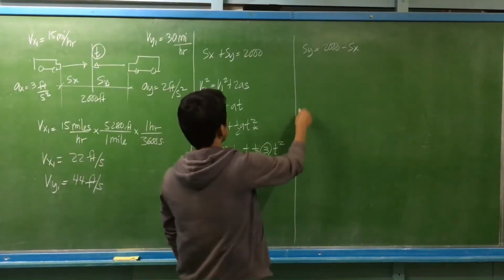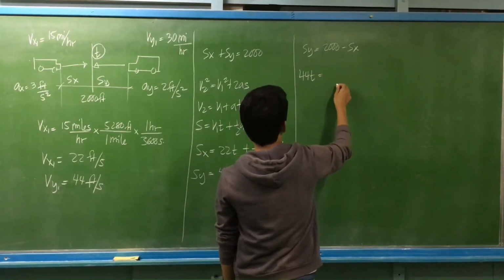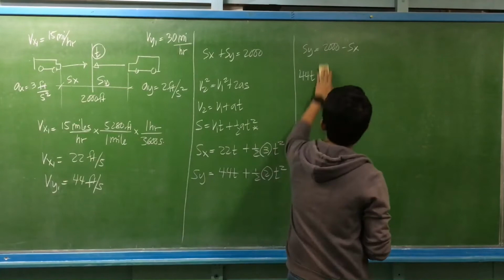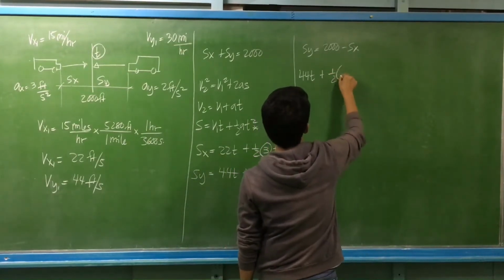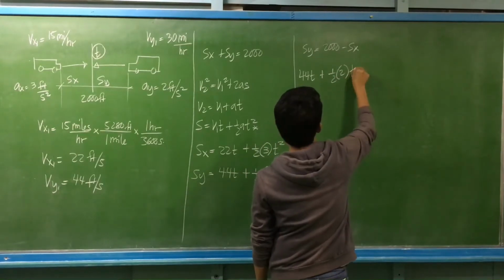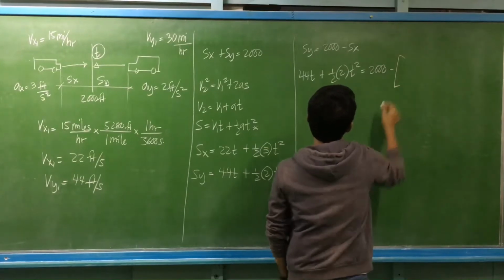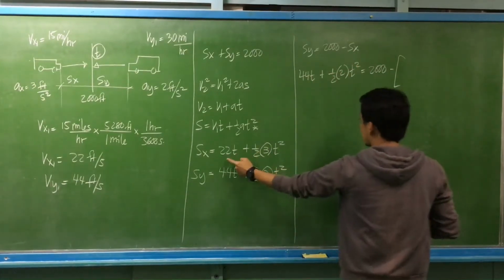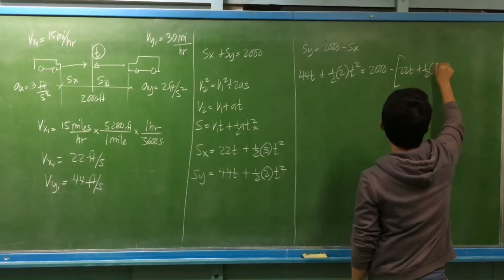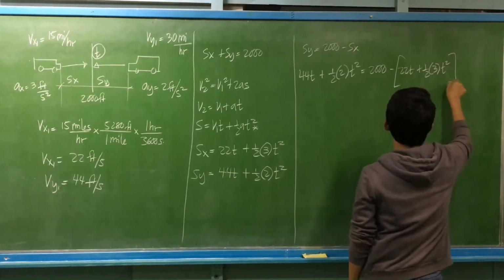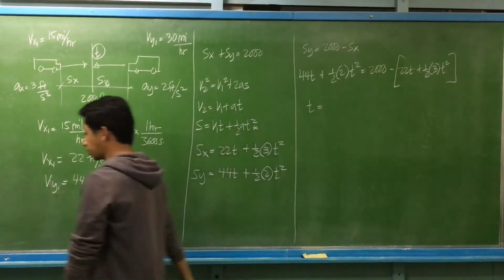We have 44 times the time for car y, plus 1/2 of acceleration 2 times the time squared, is equal to 2,000 minus the distance covered by car x, which is 22 times the time plus 1/2 acceleration 3 times the time squared. As you can see, for this equation, we have a single unknown, t. So let's compute for that value.